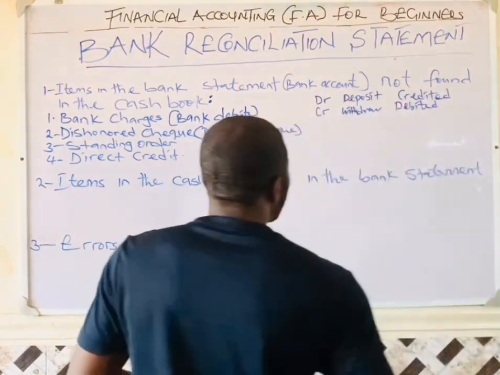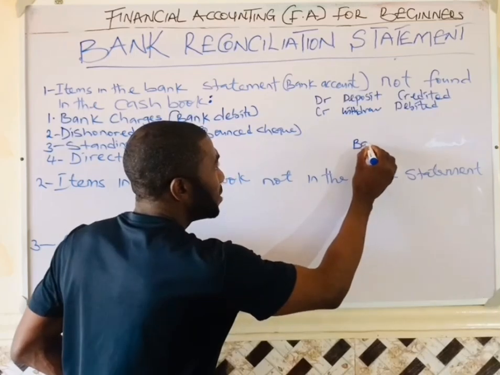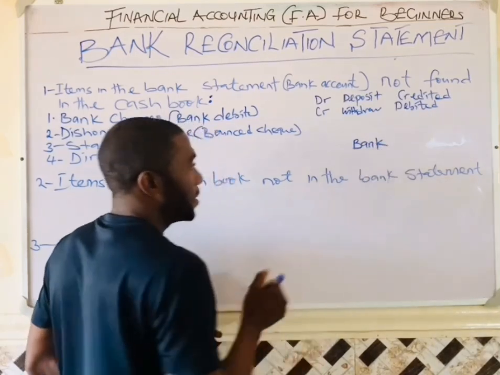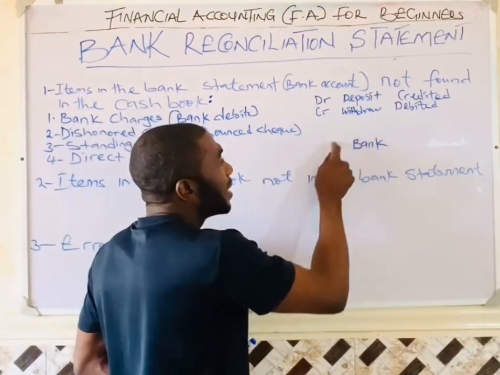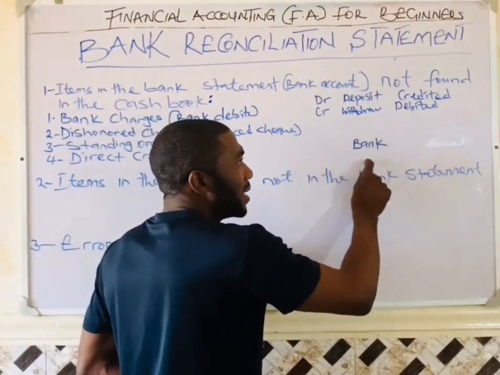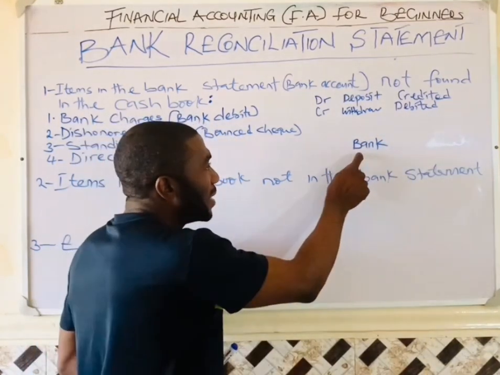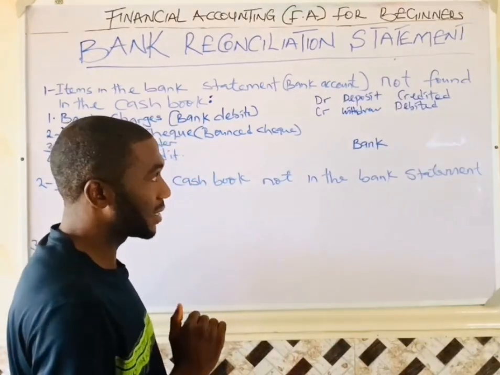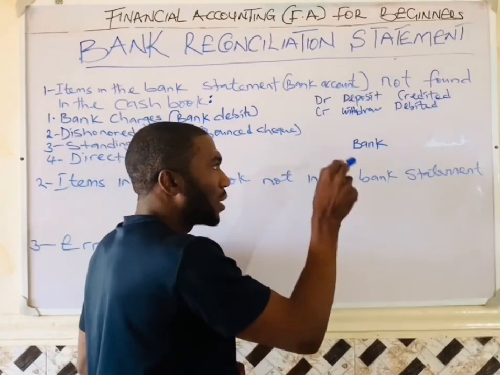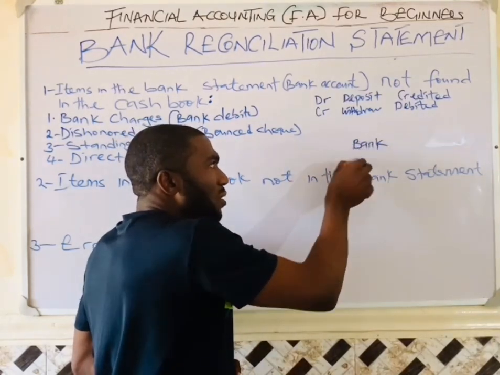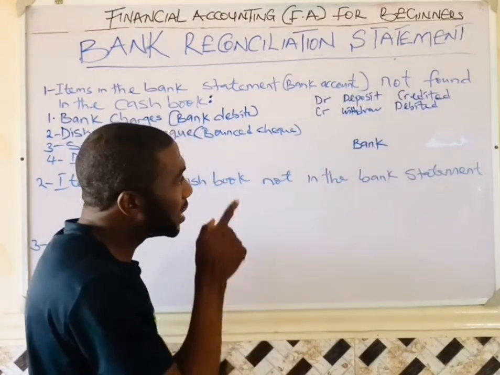Now, this is the bank. Let's do it like this. This bank is playing an agency role. The bank is an agent. Let's take it like that. So, you cannot perform any transaction with your bank account without contacting your agent, which is the bank.